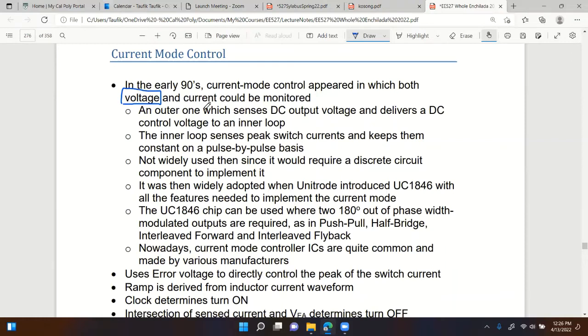But in practice, you could actually sense current through the switch, or sense current through the diode, because all three represent the same peak value. Under CCM, continuous conduction mode, the inductor current will look something like this.